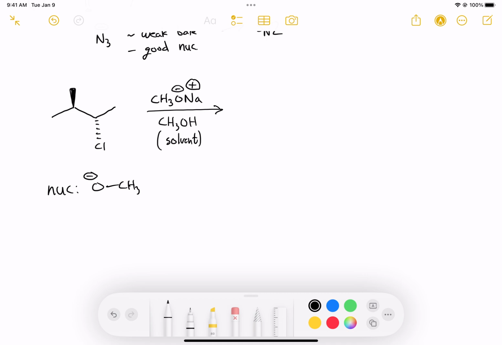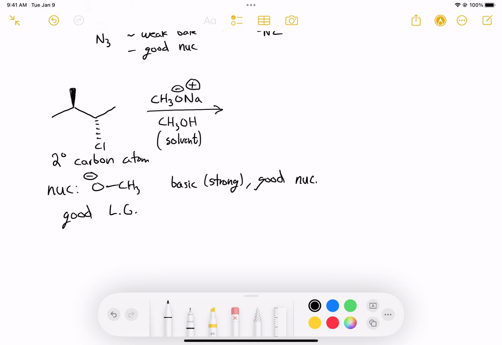We have a secondary carbon atom, and we have a good leaving group. So we should expect, in this case, that the nucleophile is strongly basic, but also a good nucleophile. Good nucleophile, but strongly basic, right?